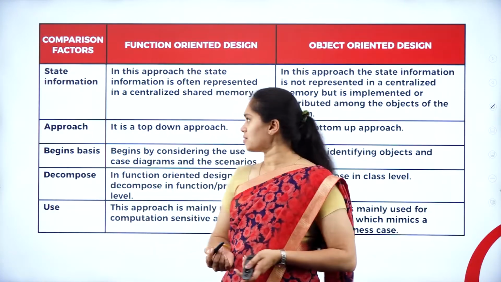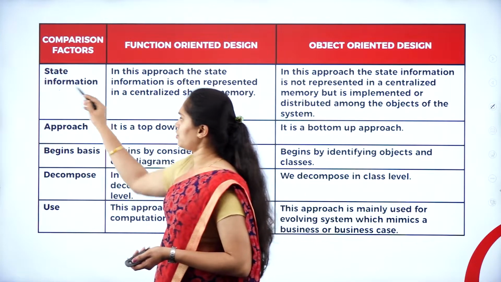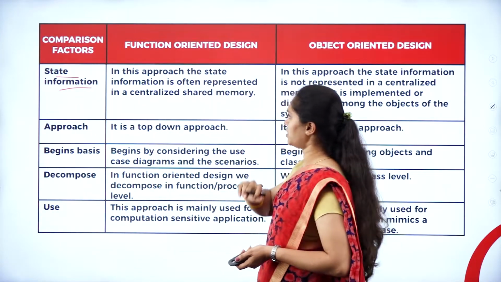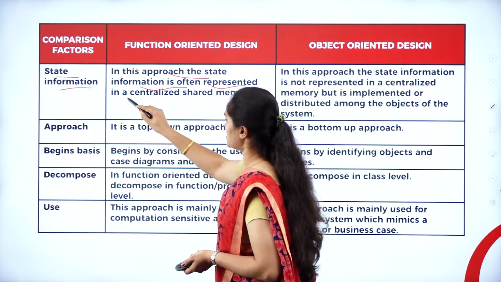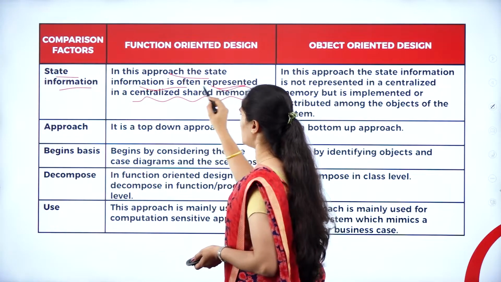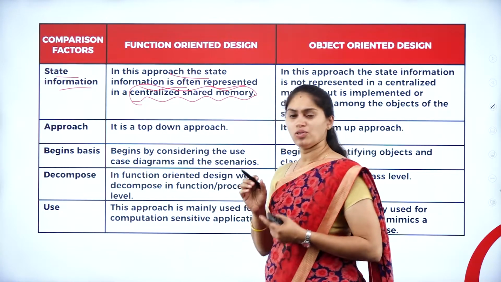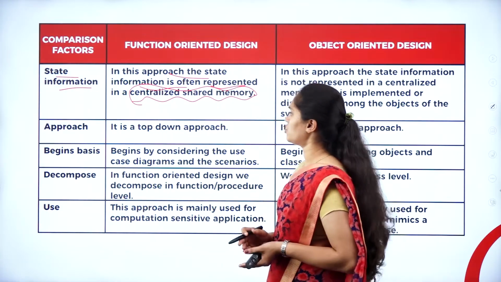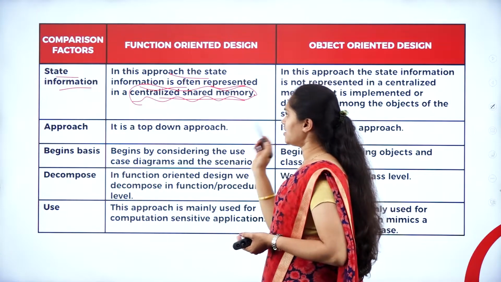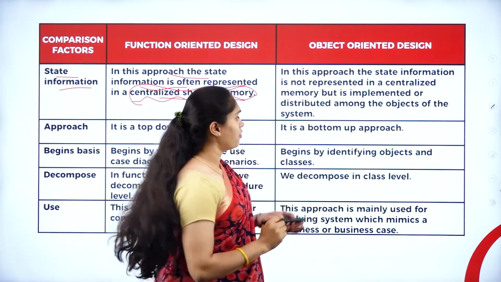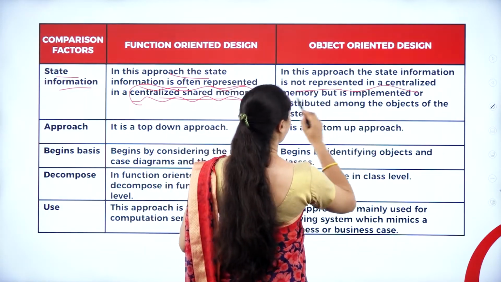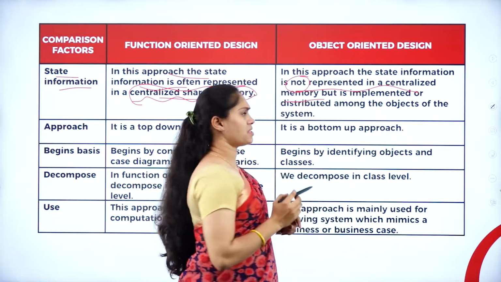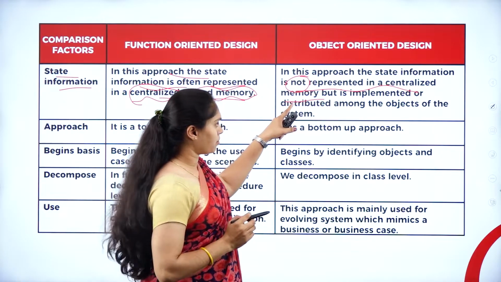Along with that we can see some more differences here. State information: what information will it fetch? In this approach, the state information is often represented in a centralized shared memory. So we get the details about the function oriented design in the centralized shared memory, but here we won't get that information in centralized memory.